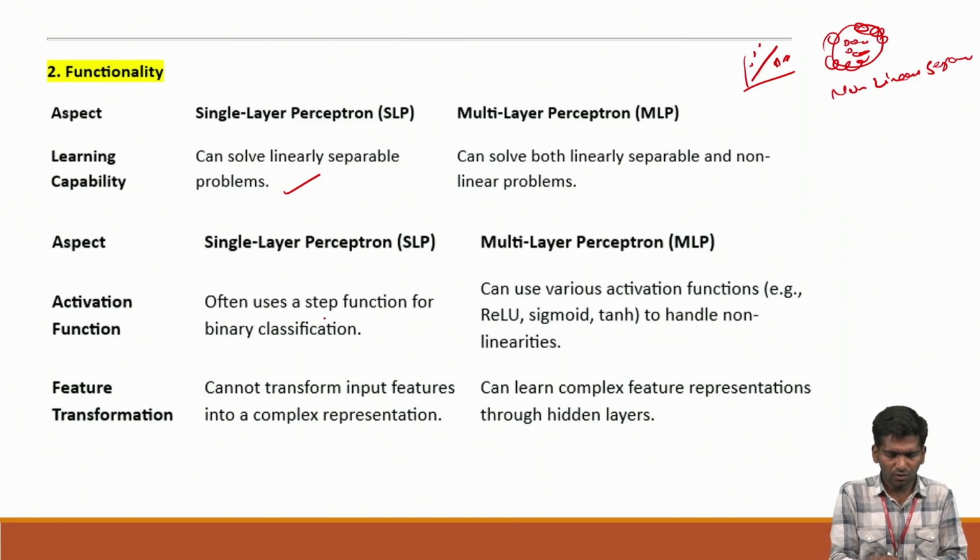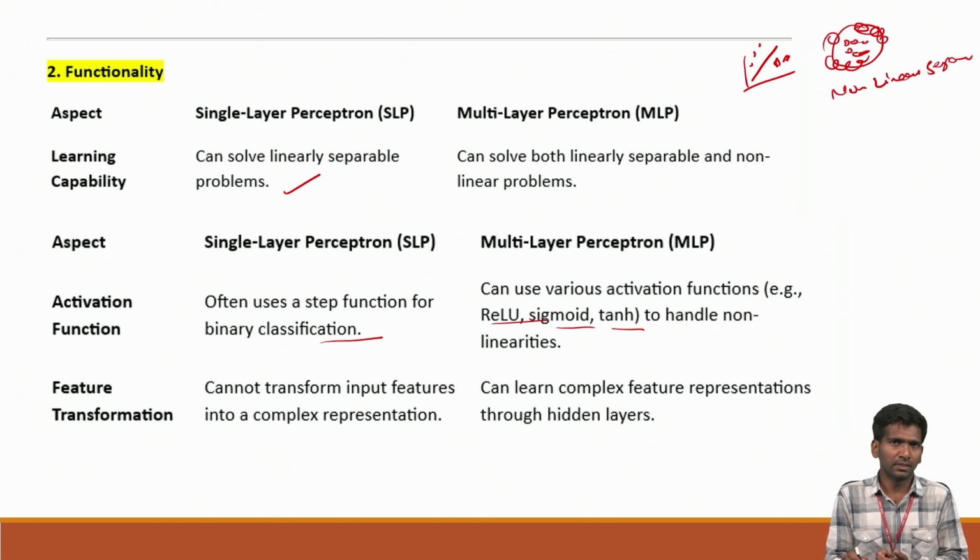Activation functions: SLP often uses a step function for binary classification. Whereas in MLP we can use ReLU, sigmoid, tanh to handle non-linearity. On the whole, we can use more activation functions in MLP, while in SLP we mostly use the step function.